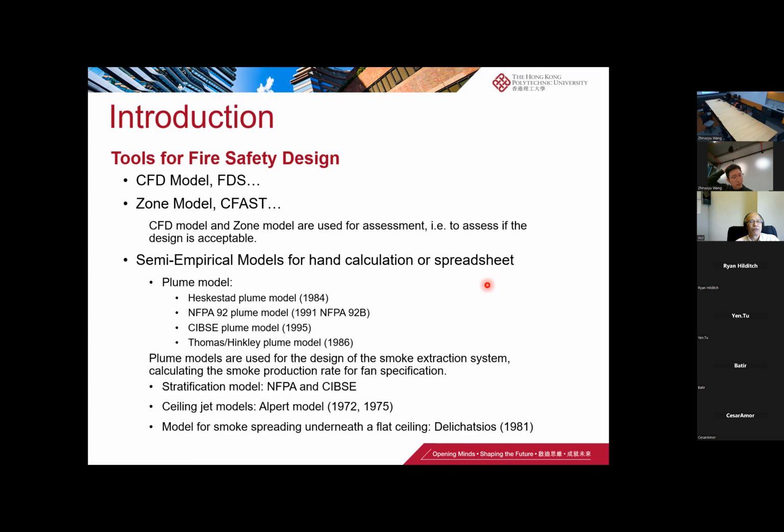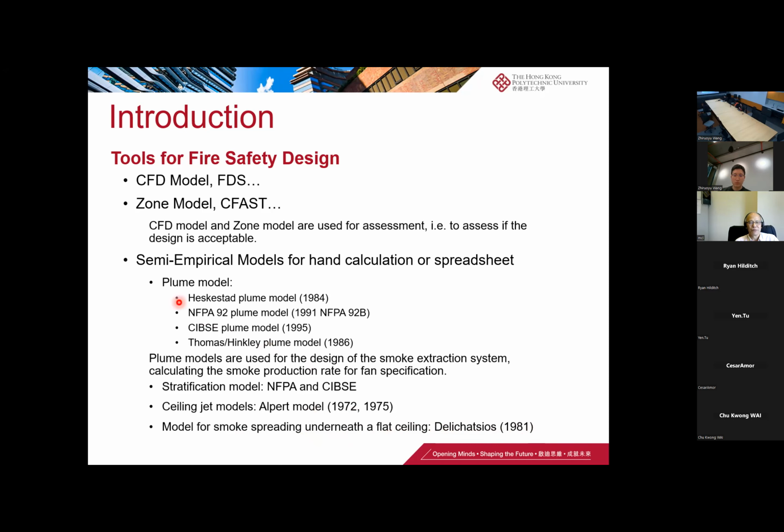These empirical models include the plume models, stratification models to estimate how far the smoke can rise, and the ceiling jet model developed by Alpert in the early 1970s, and also models to estimate smoke spreading underneath a flat ceiling. Delichatsios developed a model in the early 1980s.